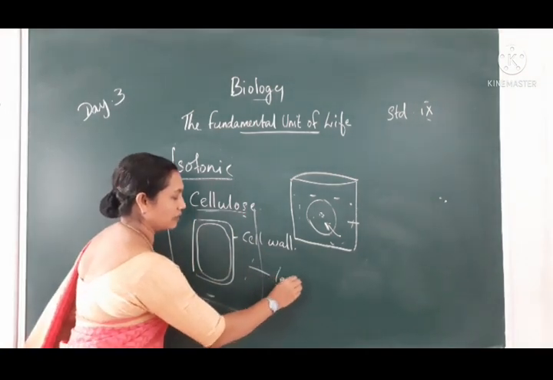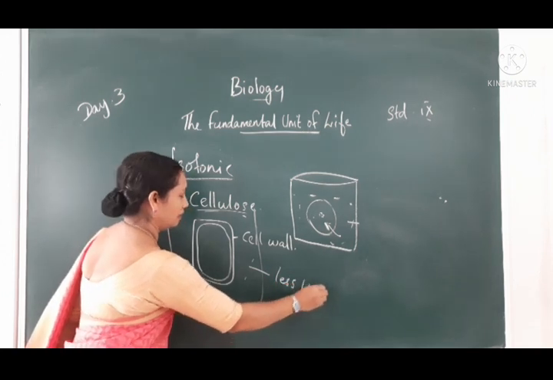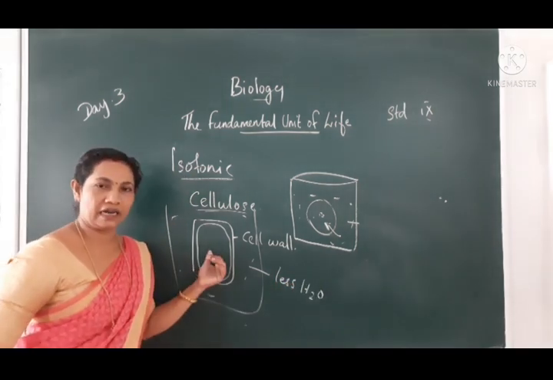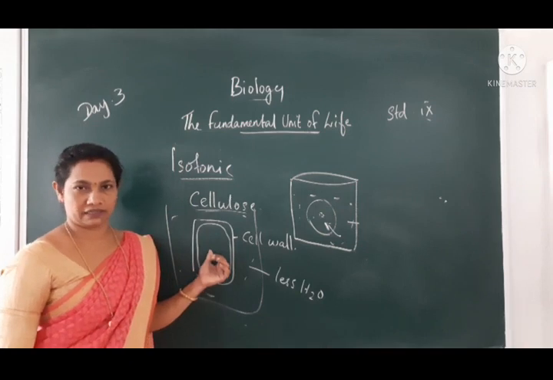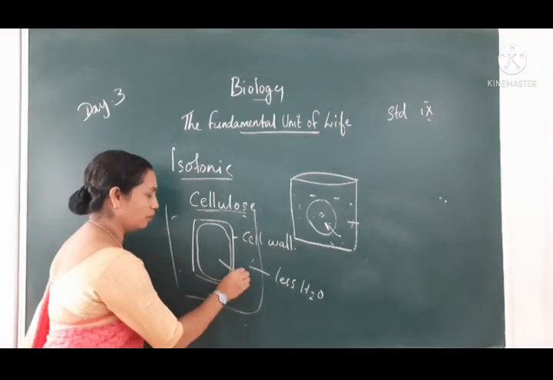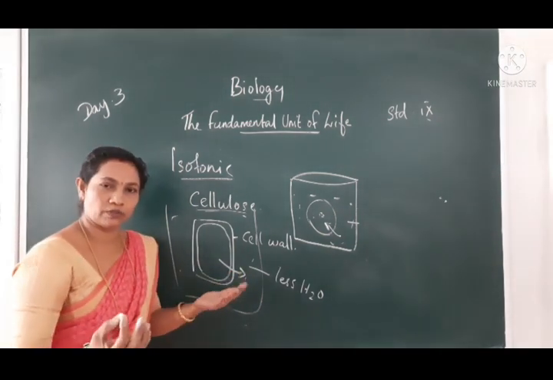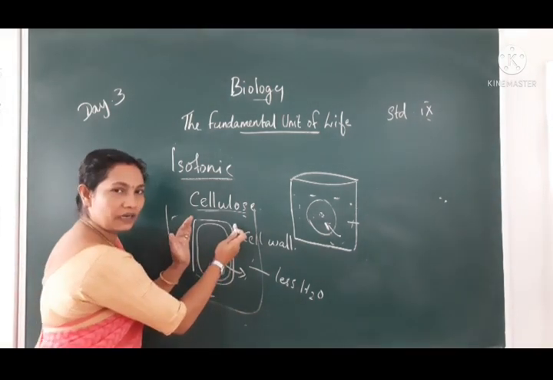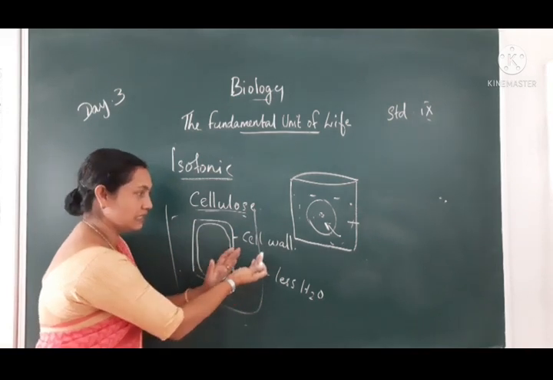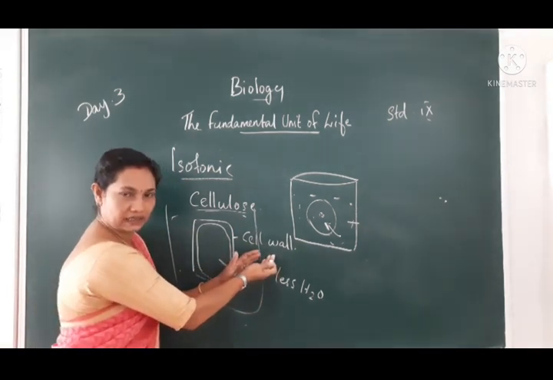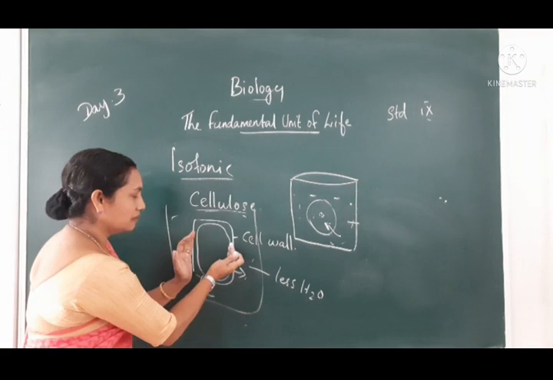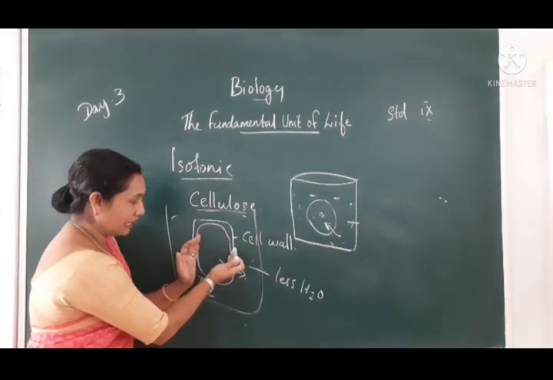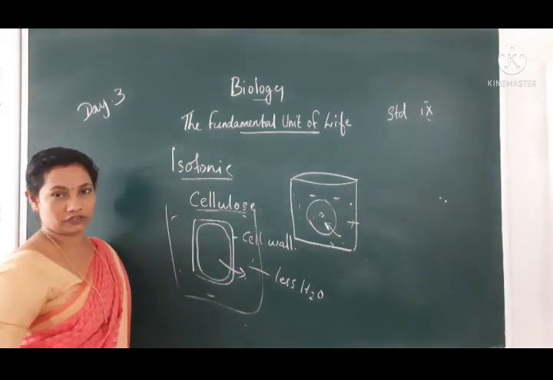Outside there is less water concentration, and inside the cell there is high water concentration. Normally, water moves outward. Exosmosis occurs. But here, the cell wall remains as such because it is very rigid in nature. And the shrinkage of cell content away from the cell wall occurs.